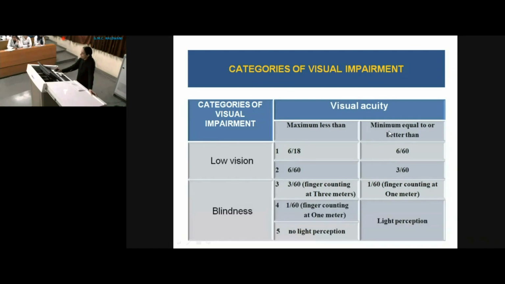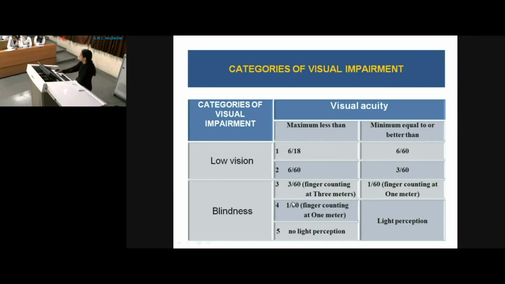Categories of visual impairment. There are two categories, either low vision or blindness. In case of low vision, if the vision is 6/18 or less than 6/18 up to 6/60, then it is low vision, or if it is less than 6/60 to 3/60, then it is also low vision, the second category. And in blindness, there are three sub-classifications.